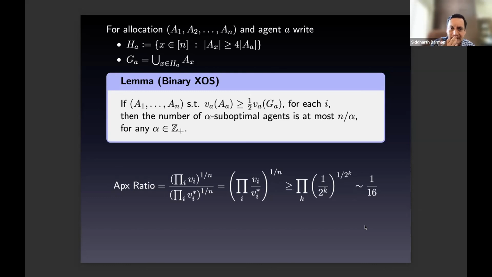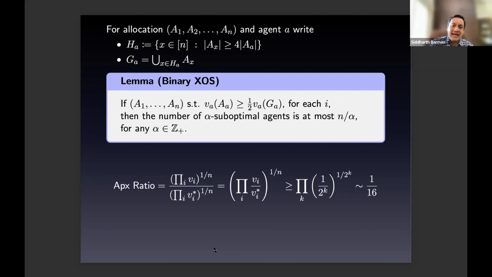Fine, even if the technical details weren't clear, what I'm saying is that this is a nice property to have. If you have such an implication, this proof actually does not require anything about binary XOS. What I need the binary XOS for is to show that such GRAND NV freeness implies this sort of linearly decaying suboptimality, but yeah, it's a good takeaway to remember.